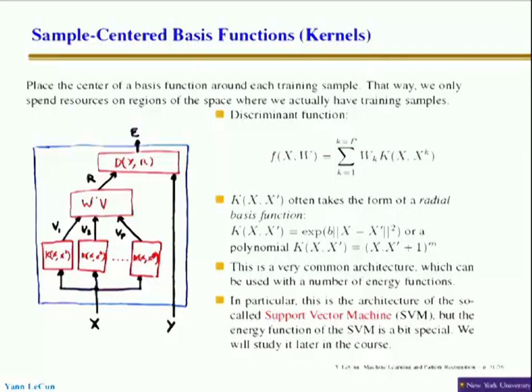Okay, so the only manual design thing that we have to do here is decide on the k function, the kernel function, the similarity function that we use to compare the input vector to an example. It's actually a pretty big deal to come up with a good kernel function, but that's the only thing we need to do. Other than that, this feature extractor trains itself, because it uses the training set to build those bumps.